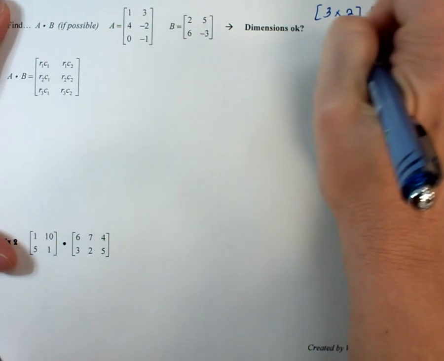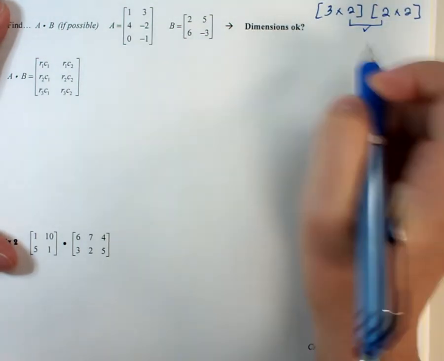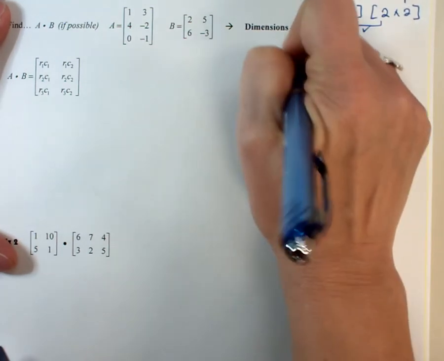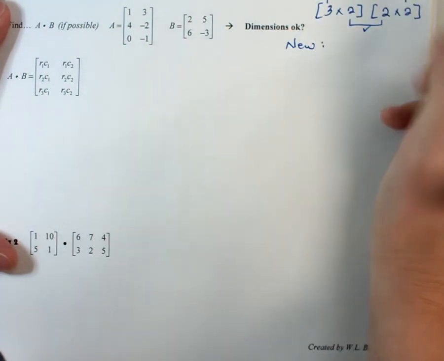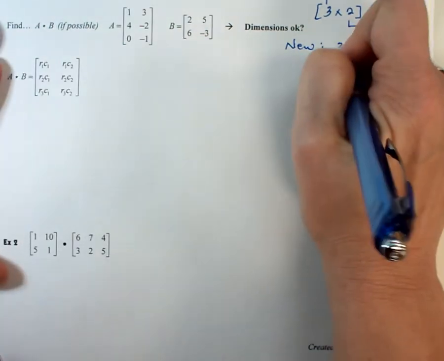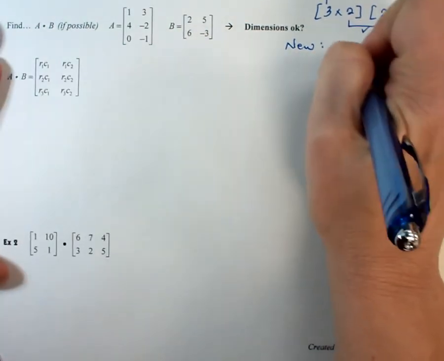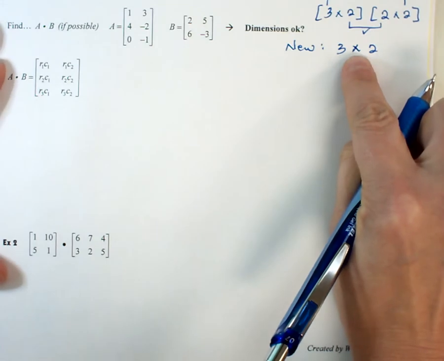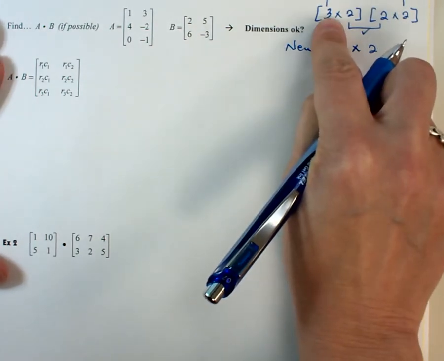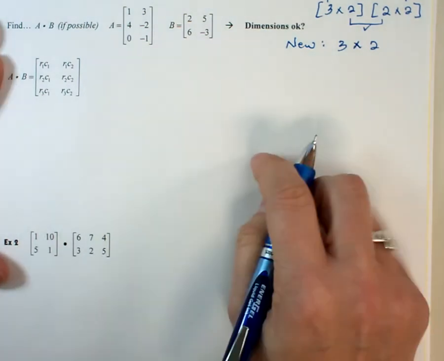However, since these are the same, then we can multiply, which means our new matrix, and this is good to recognize from the beginning, is going to have 3 rows and 2 columns. It is just a coincidence in this case that these dimensions are the same as the first. That does not always happen. We're going to see this a lot.